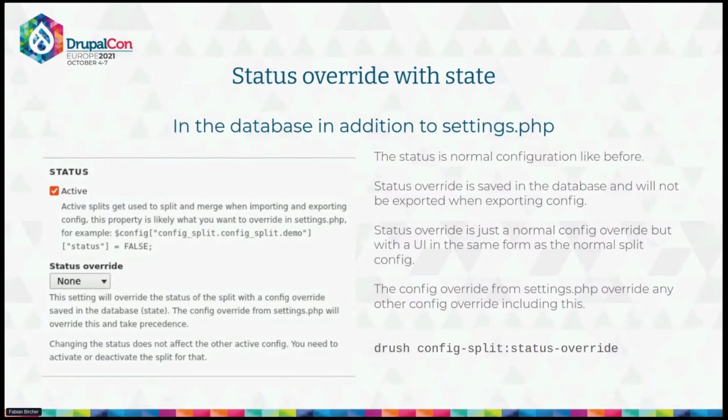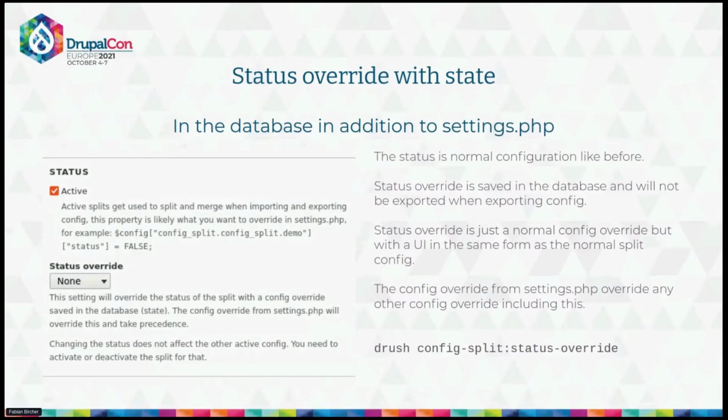But that means that if you use this feature and you also use settings.php, whatever you override in settings.php will take precedence. The settings.php override is like the strongest one and beats all the other ones and is the value that you have.